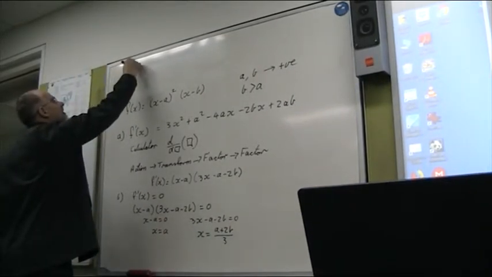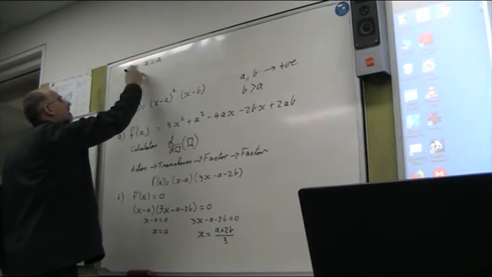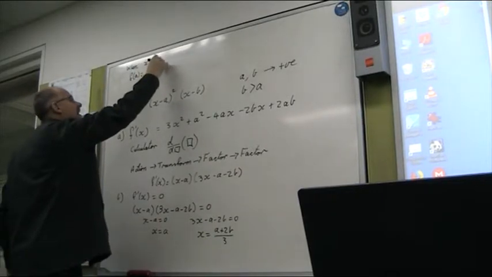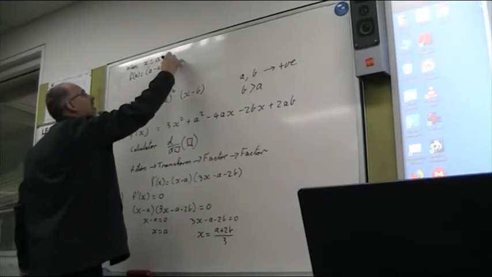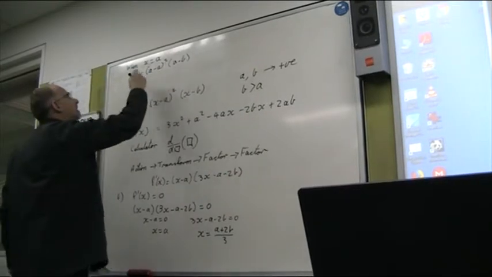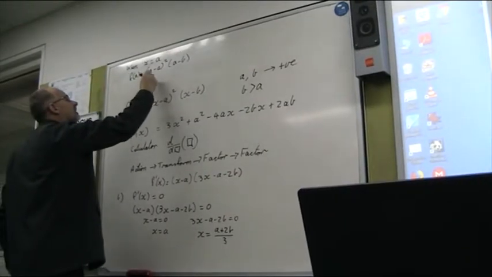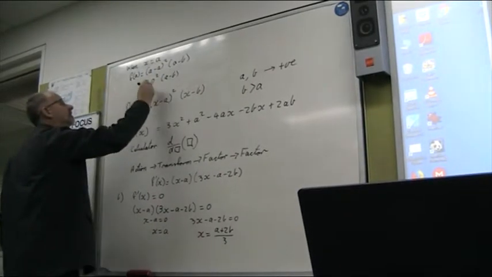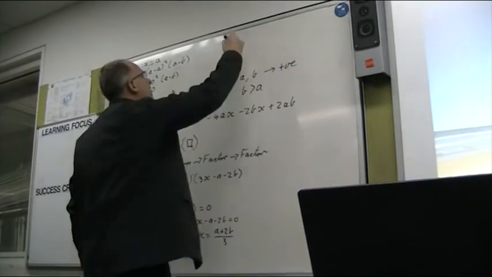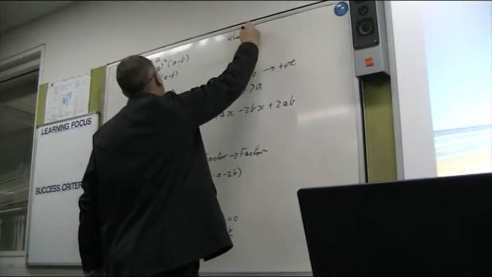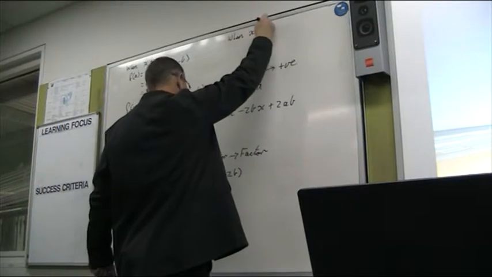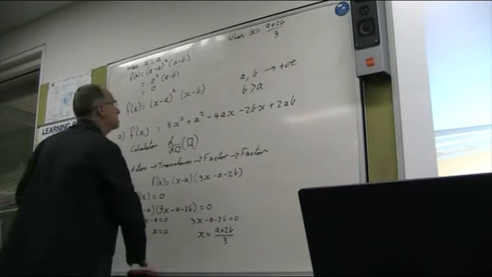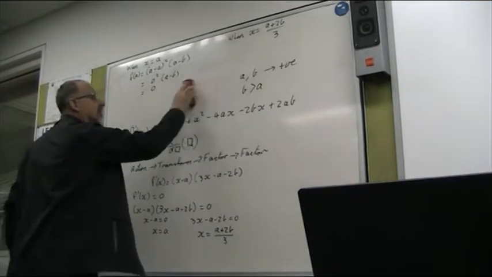So when x is equal to a, f of a would be a minus a squared, a minus b. And that one's going to be equal to 0, yep. And when x equals a plus 2b on 3, now getting a bit, let me get rid of that.